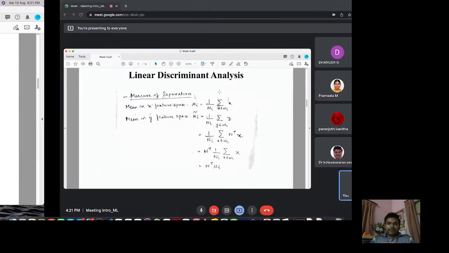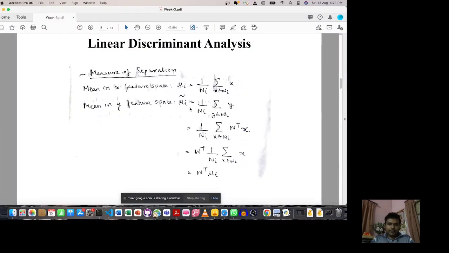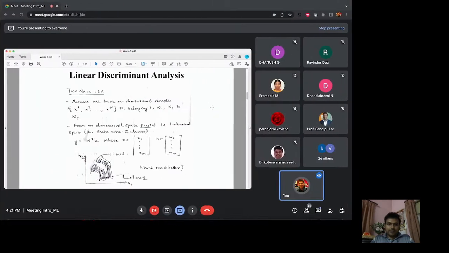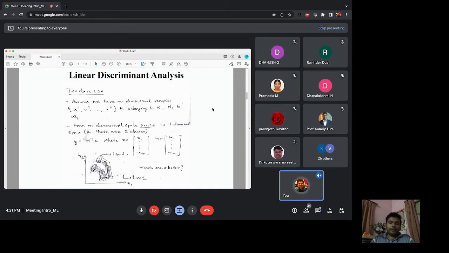So the final thing that I wanted to tell from this diagram is that in order to denote the distance between the classes, or the separability between the two classes after doing LDA, what you need to look at is the mean of the points on that particular line. You take the 5 points and project them on line 1, and on line 2 also.